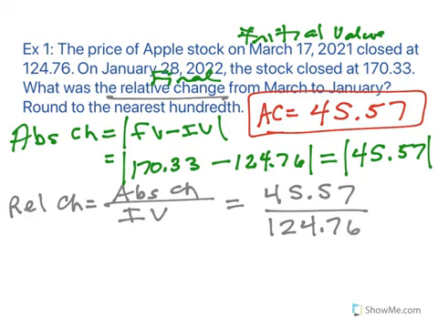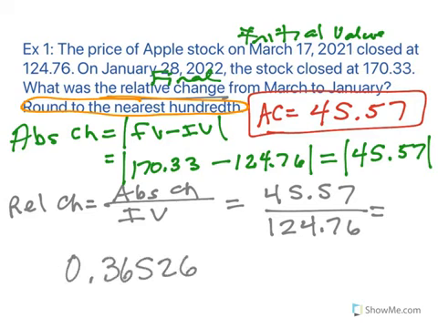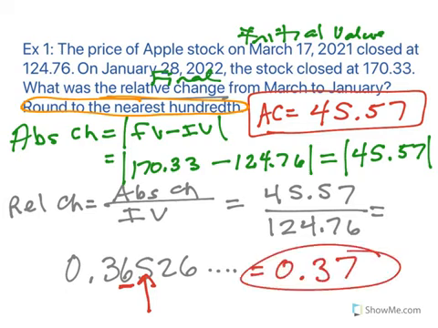The direction said round to the nearest hundredth. 45.57 divided by 124.76 gives me 0.36526. Nearest hundredth: the 6 is in the hundredth place, so I look one place past. 5 rounds up, and so I get 0.37 as my relative change.